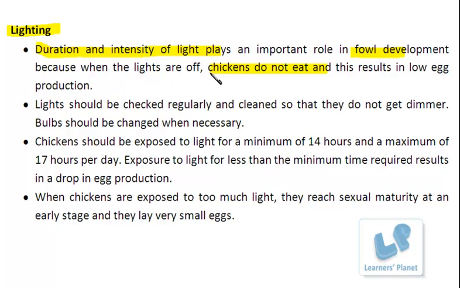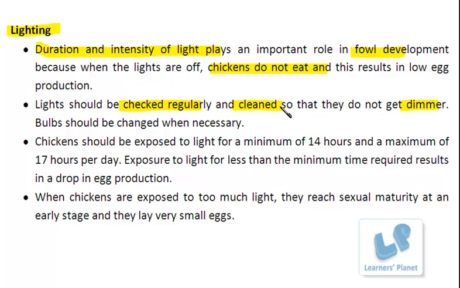Further, if this has to be maintained, you know what important aspects have to be considered. Number one is that the lights should not get dim, right? The intensity should be maintained, and this is possible if regular checking is there.